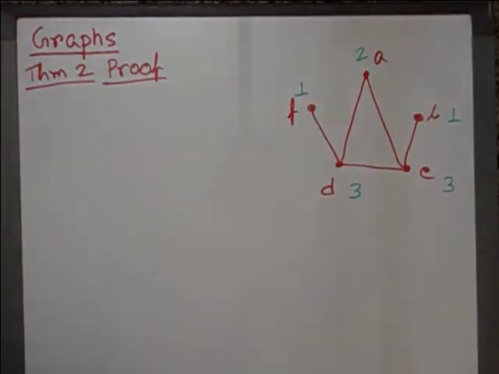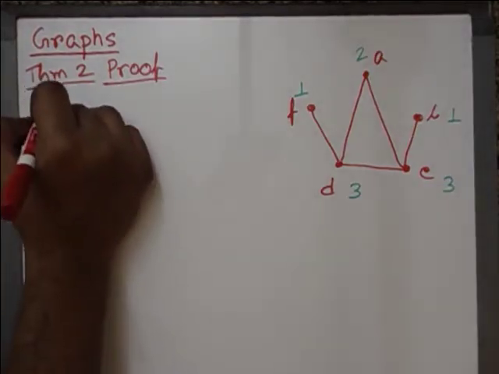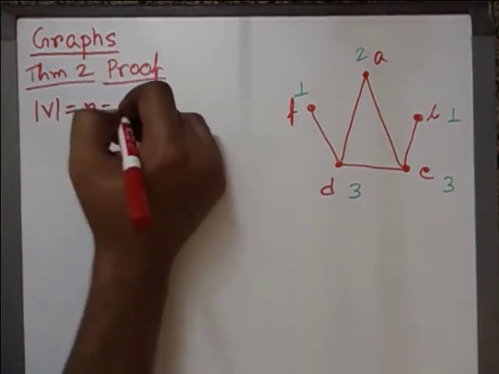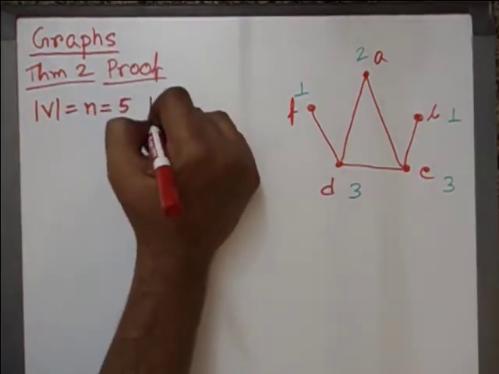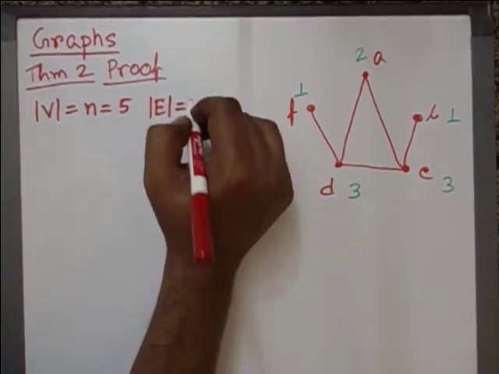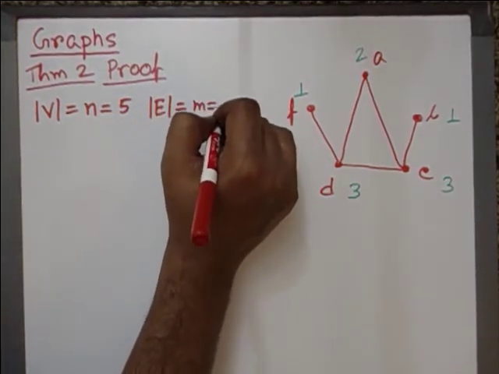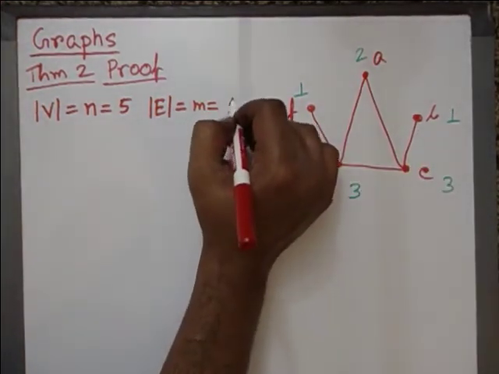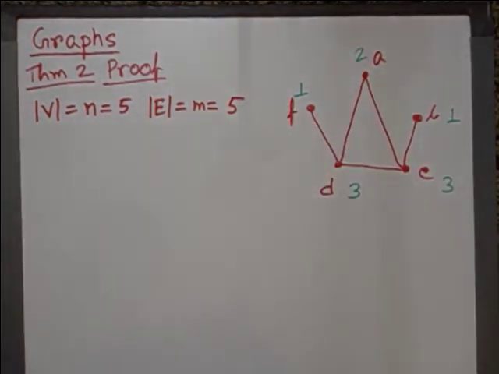Okay. So in this graph, number of vertices is denoted by n, which is 5. Number of edges is denoted by m, which is 1, 2, 3, 4, 5 also. Well, this is the example we are using.